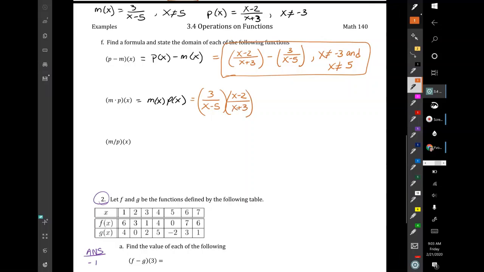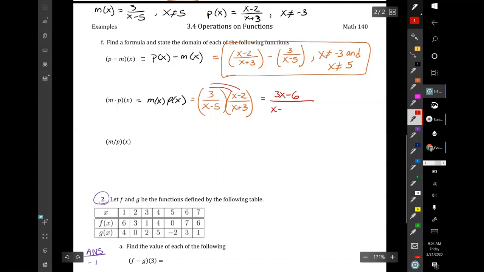Now this, we can actually distribute the 3 to the X and the minus 2. Clean that up a little bit. So we would have 3x minus 6. The bottom, you could expand that out, but I'm not going to require you to do that here.